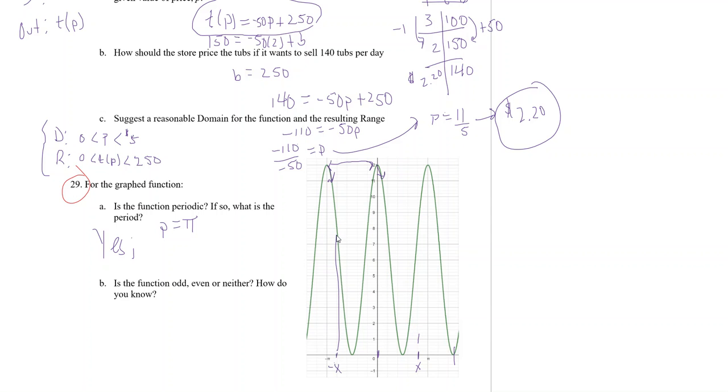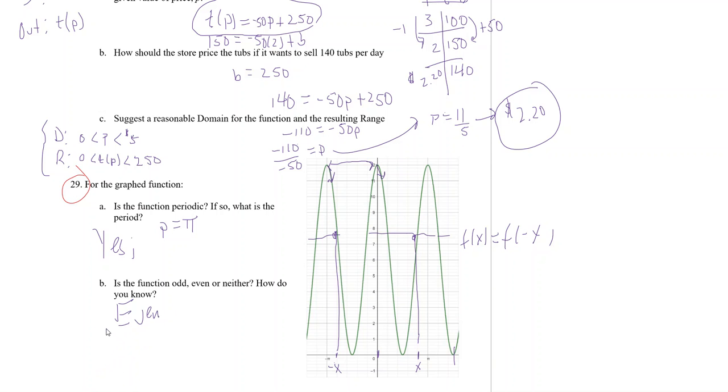Your output is around here somewhere, and the output here is the same number. This number right here, f of x and f of minus x, are the same. That's the signature of an even function. If you look at all the points, it'll be that way for any pair of x and minus x.